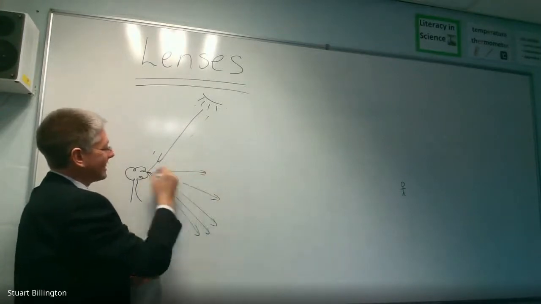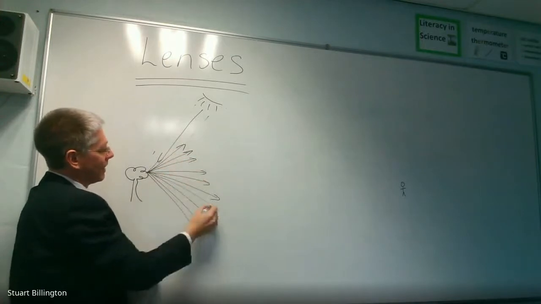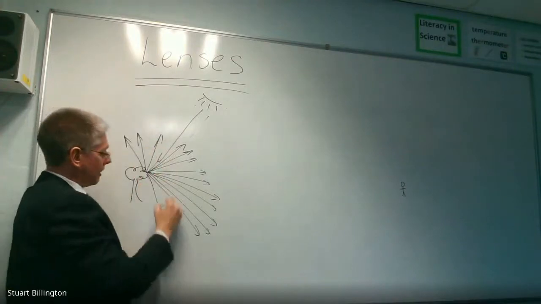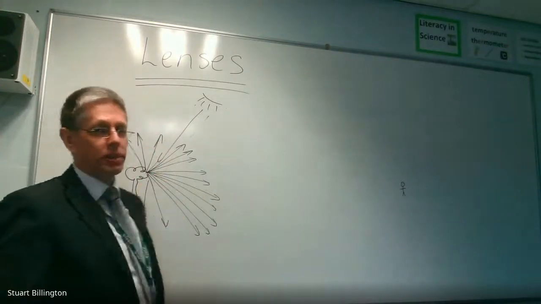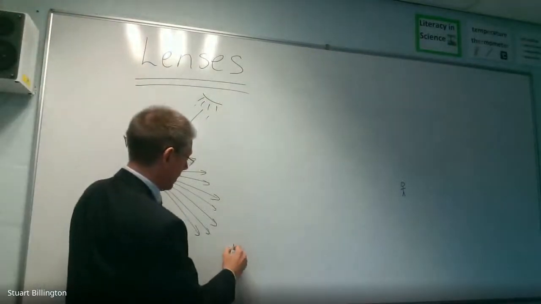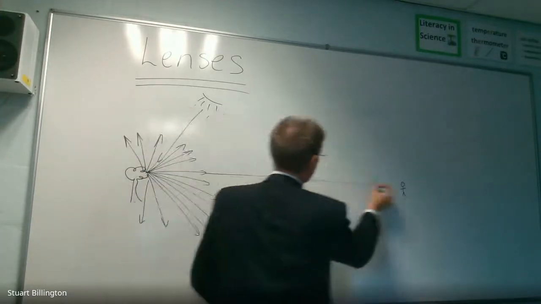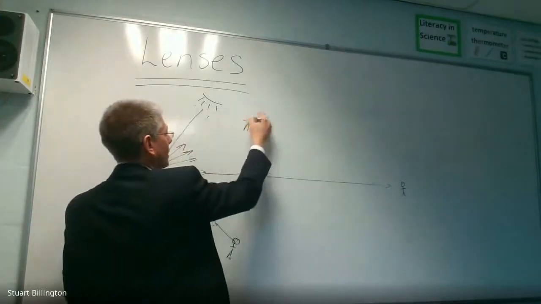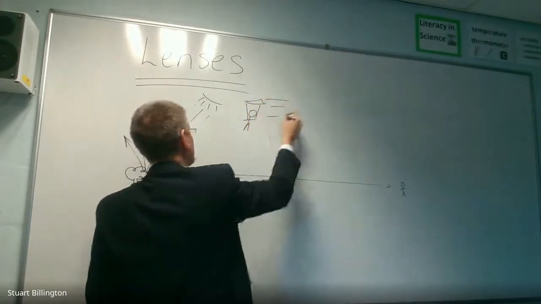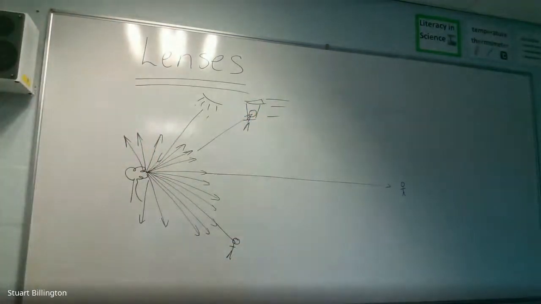So depending on exactly which bit of the tree it hits and exactly what angle the ray of light bounces off at, we'll get all of this radiation coming off the tree, which is how come everyone can see the tree. Because if you're down here, you get some ray of light hit you. And if you're over here, you get some rays of light hit you. And if you're on a hand glider in the sky, because obviously you would, you can get some rays of light hit you. Everybody can see the tree.